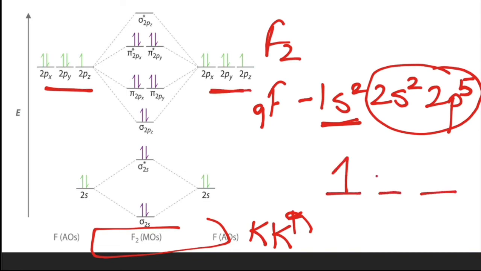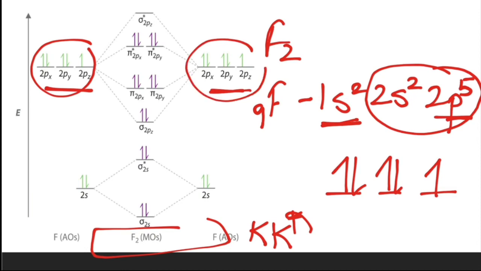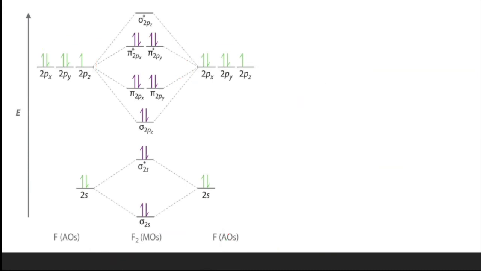First, we have to singly fill the electrons, then we have to pair them up. Since 5 electrons are there, accordingly we have drawn the electrons in their respective orbitals, and the filling is going to take place likewise. Now after we have drawn the molecular orbital diagram, we have to write the electronic configuration of the F2 molecule, according to the orbitals involved.